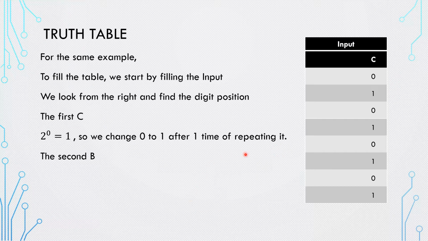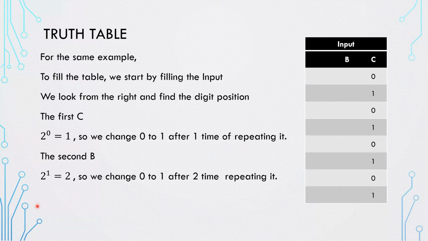Let's look at the second column in order to understand it. The second column, which is the second position, is considered as 2 to the power of 1. So this is the first position, starting with 0; second position, starting with 1. And if I raise 2 to the power 1, the answer is 2. So in this case, I'm gonna change 0 after 2 rows. I'm gonna write 0 0 and change it to 1.